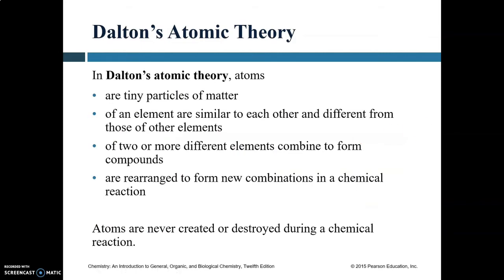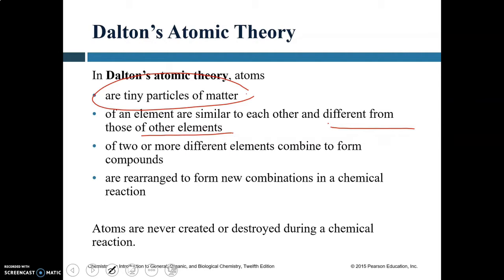The first scientist who proposed a concise and continuous logical atomic theory was John Dalton, British chemist and physicist, who suggested that atoms are tiny particles of matter, and for each element, atoms are similar to each other. However, atoms of one element are different from the atoms of other elements.